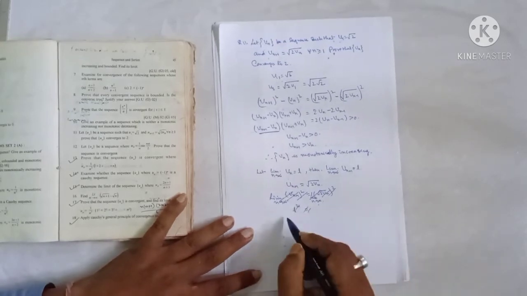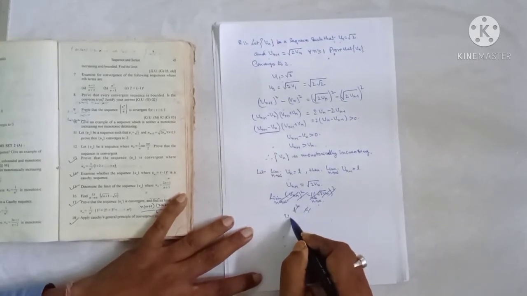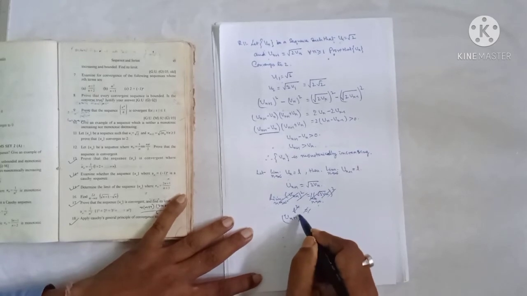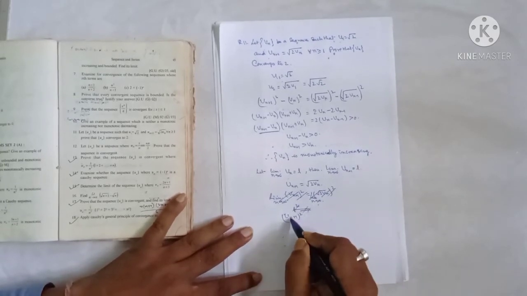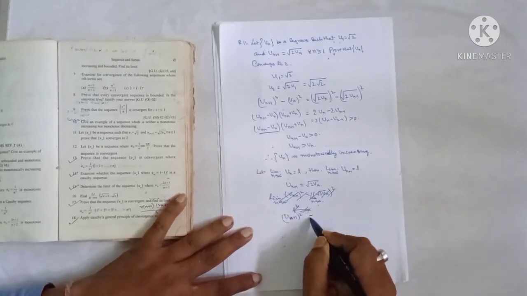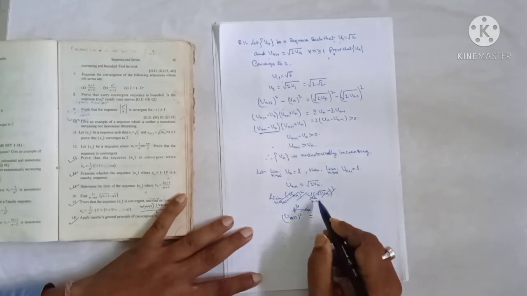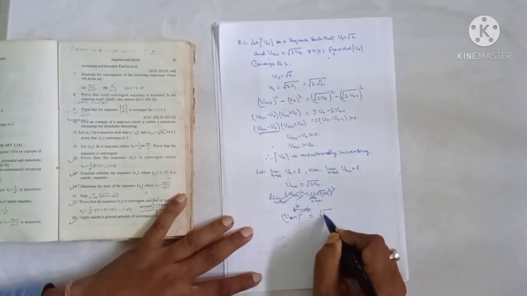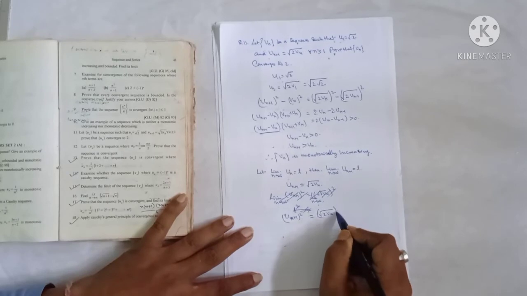You take u(n+1) the whole square, which will be equal to root 2 un the whole square.